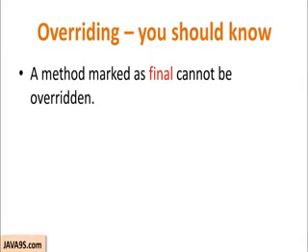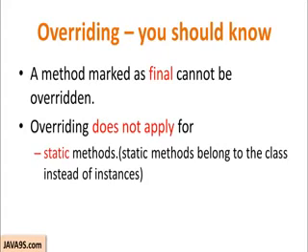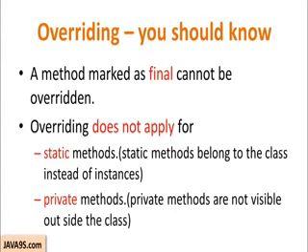A method marked as static also cannot be overridden, because static methods belong to the class, and methods that are marked as private also cannot be overridden, because obviously that method will not be visible outside that class itself. So there's no point of the overriding concept coming in there.